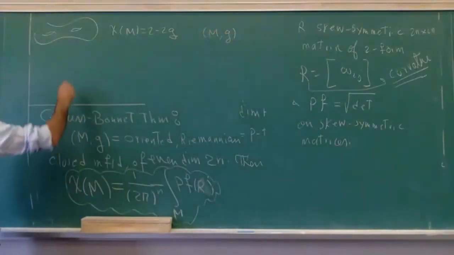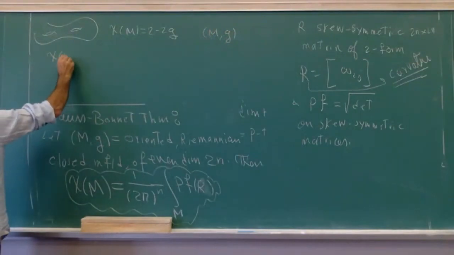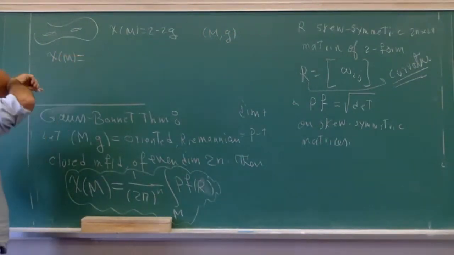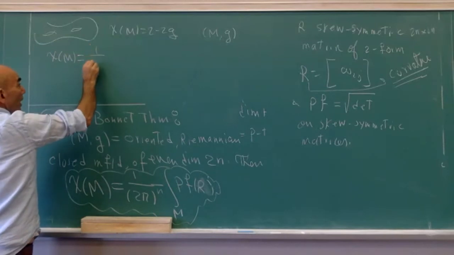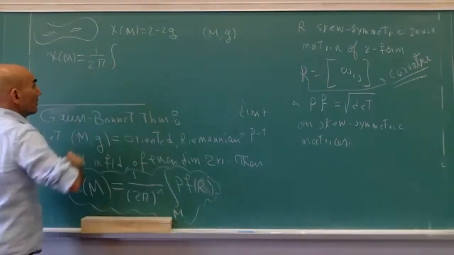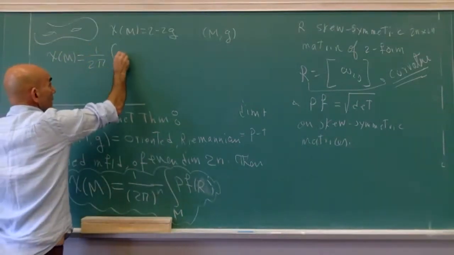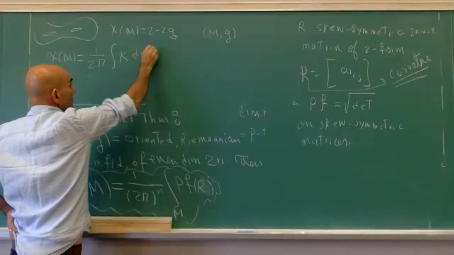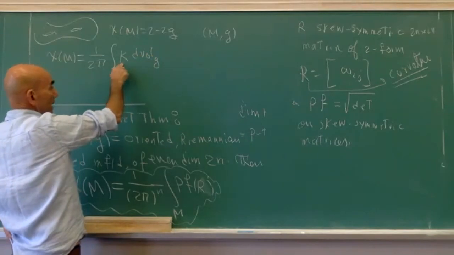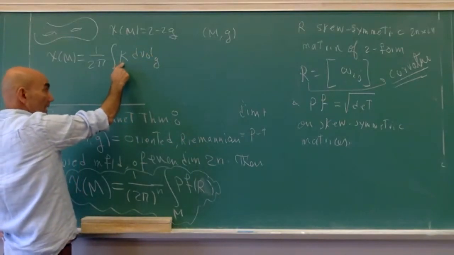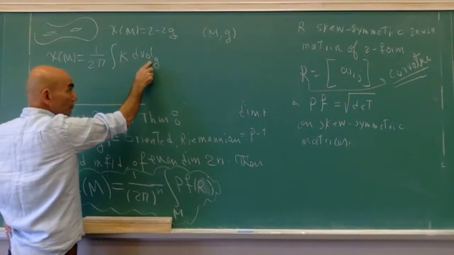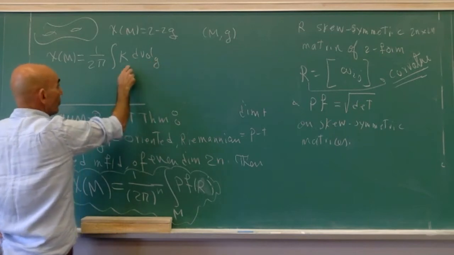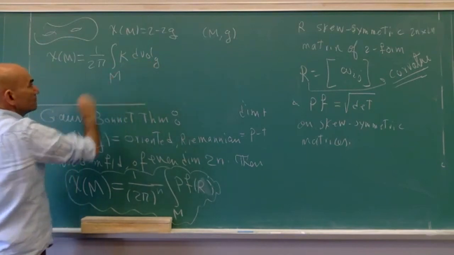So the result in this case says that chi of M is equal to 1 over 2 pi integral of Gauss curvature, as a scalar function on the manifold, multiplied by the volume 2-form, you get a 2-form, and integrated over M.